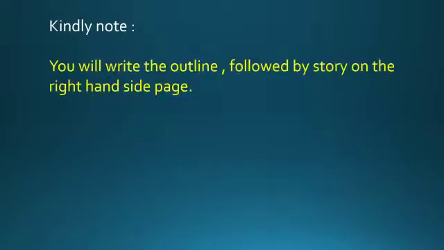On a fresh right hand side page, write the date, Chapter 6, Story Writing. Kindly note, you will write the outline followed by story on the right hand side page.